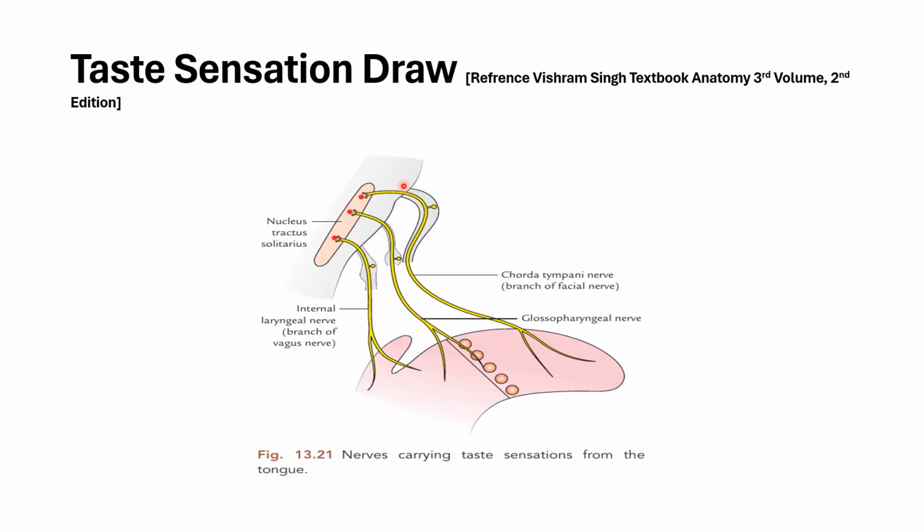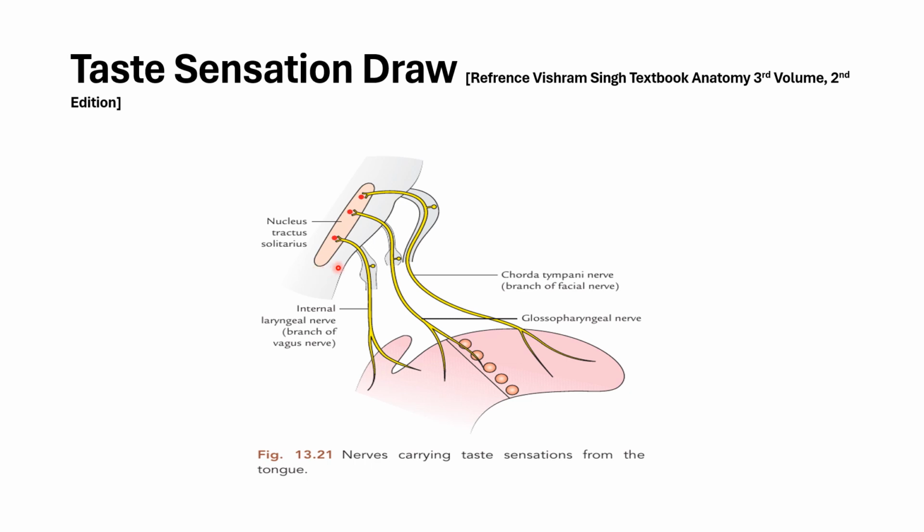So here you see this pink oval structure. This is called the nucleus tractus solitarius. This is a special sensation nucleus. When we study neurology, you will understand what I mean by nucleus.